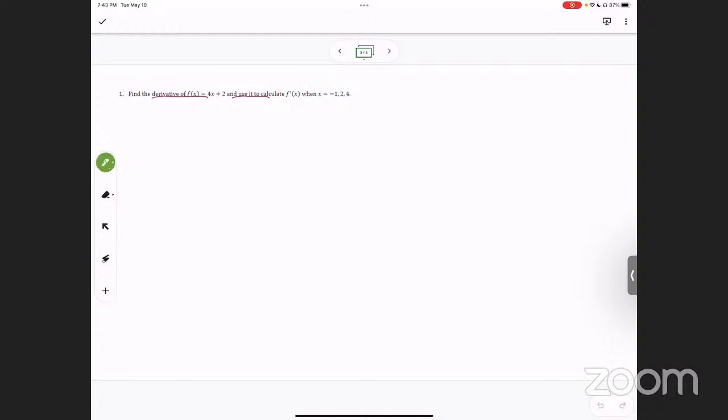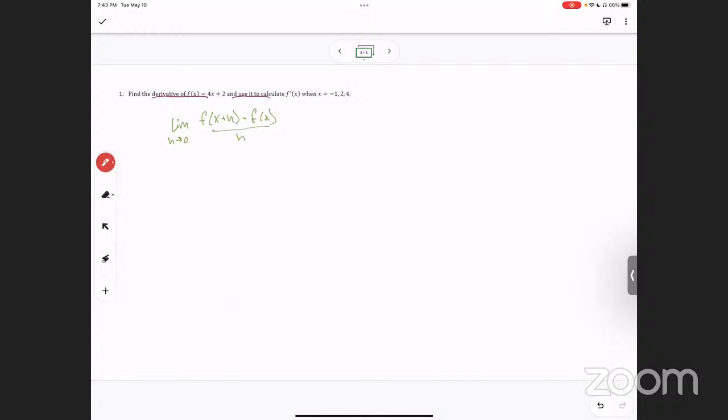So the formula for the derivative again was the limit as h goes to 0 of f of x plus h minus f of x all over h. So we're going to plug in these values here.